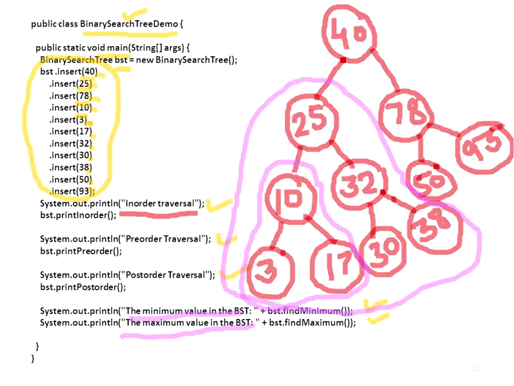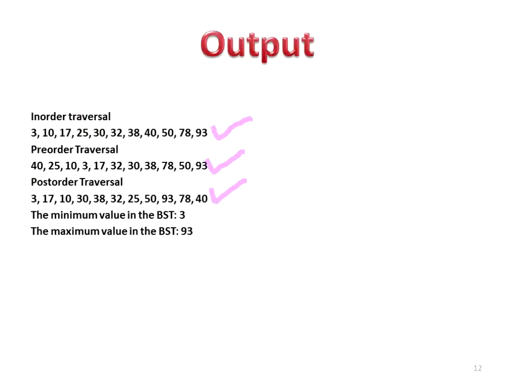So the minimum value is 3, you can see, and the maximum value is 93. So minimum is 3 and maximum is 93. You have to do it to find out whether this answer is correct or not. If you have any question, you may ask.